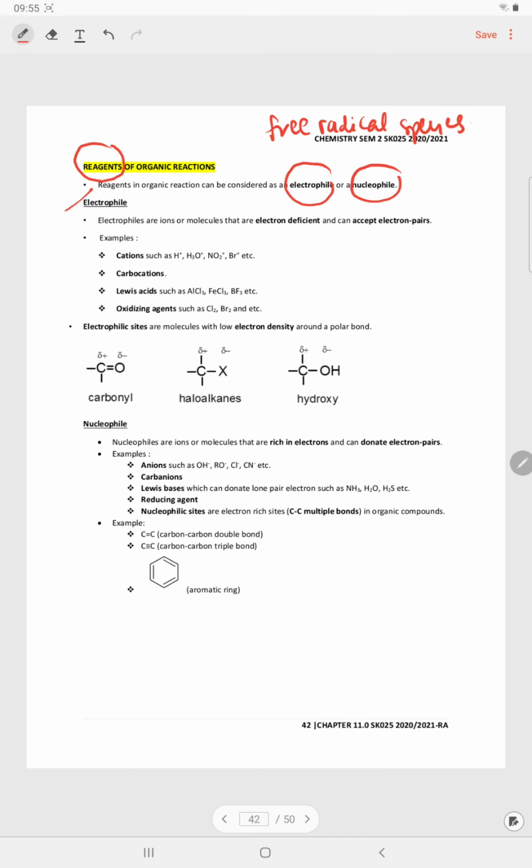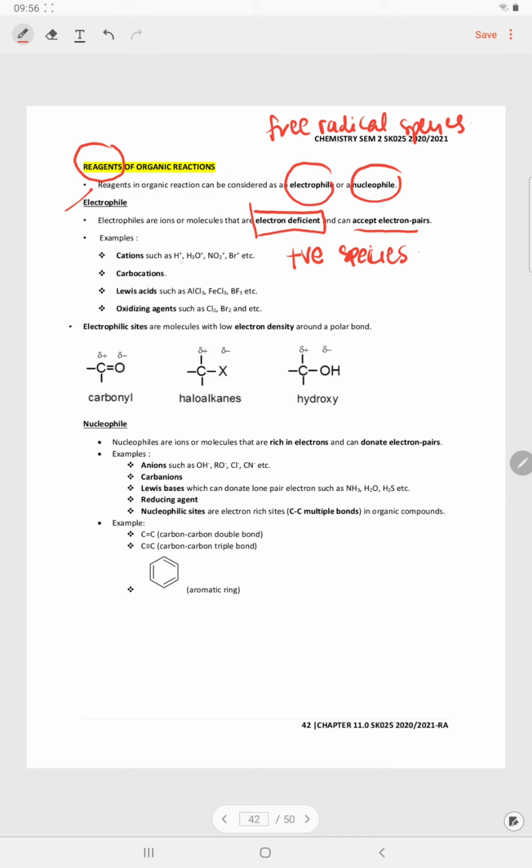This electrophile must have less electron. So we can call this species electron deficient, and this species has the ability to accept an electron pair toward itself. Basically, an electrophile must be a positively charged species.